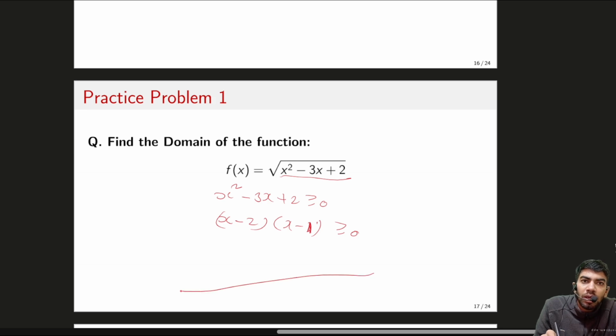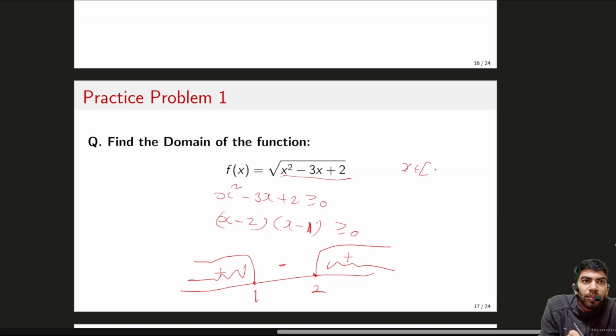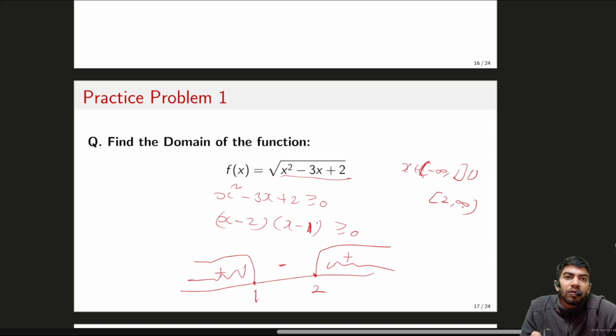Draw the real line and plot the points 1 and 2. This part is positive, this part negative, this part positive. We need greater than or equal to 0, so this part or this part. The domain of this function is x belongs to minus infinity to 1 closed, union 2 to infinity.